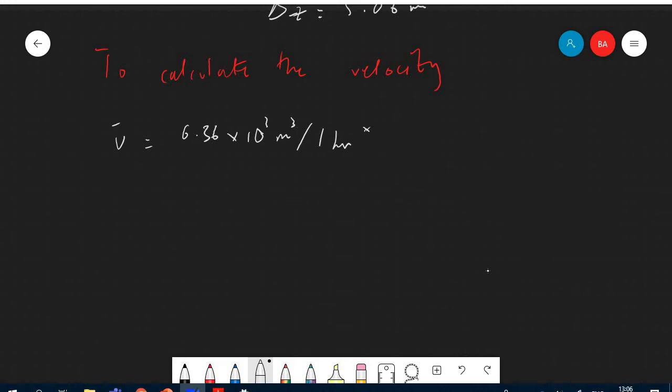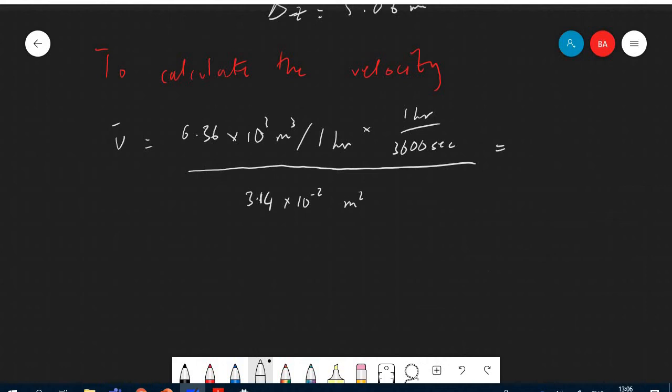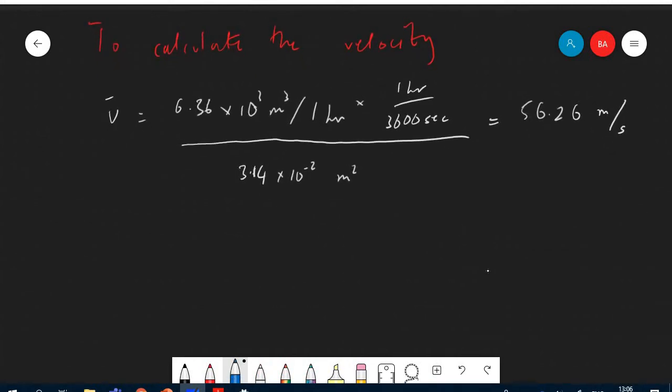If I put this in seconds, this amount I need to finish in that many seconds. And if I divide this by the area of the second tank, which is 3.14 into 10 to the power minus 2 meters squared, this will give me the velocity that my pump should pump with, so it's equal to 56.26 meters per second. So my pump should pump with this velocity here.